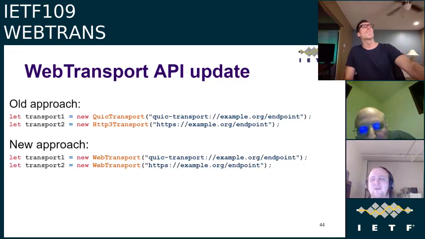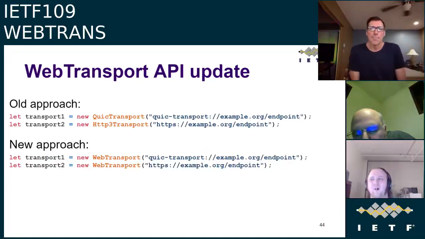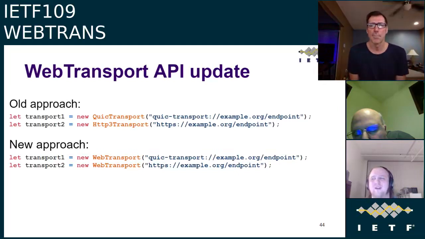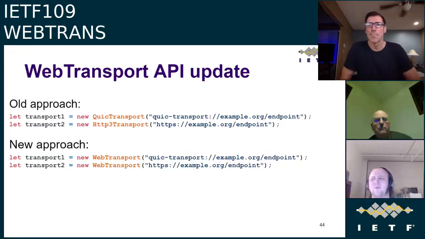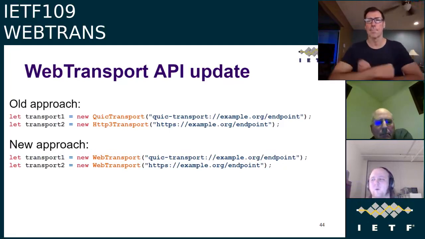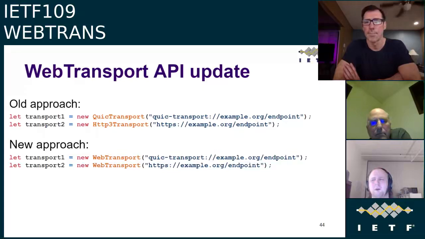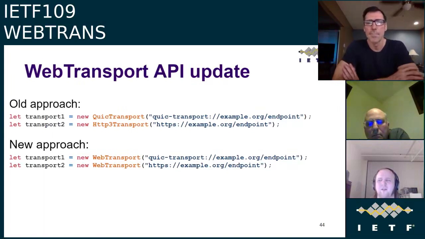And that had the very nice side effect that, before that, in order to implement all of the transports, we would have to write code for all of those JavaScript classes, and that added a lot of cost. But now that this is entirely dispatched by URL, this moves the problem of actually picking the transport down to the network layer, which removes overhead from shipping multiple transports, both on a technical level, but also, I feel, on a conceptual level.